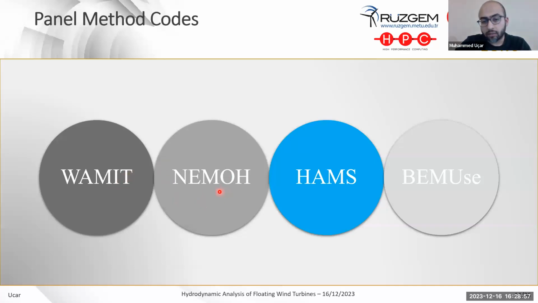The first ever released open source alternative was NEMOH from the Nantes laboratory, France. Then HAMS was released recently by Dr. Yingyi Liu. And most recently, BEMUSE was also released, and we have included this in our studies. It belongs to Dr. Joseph Saverin.